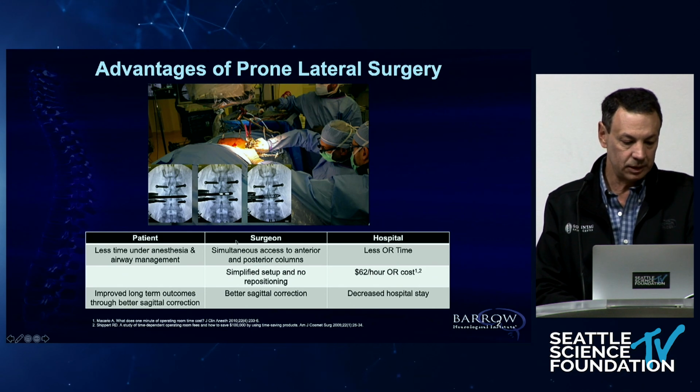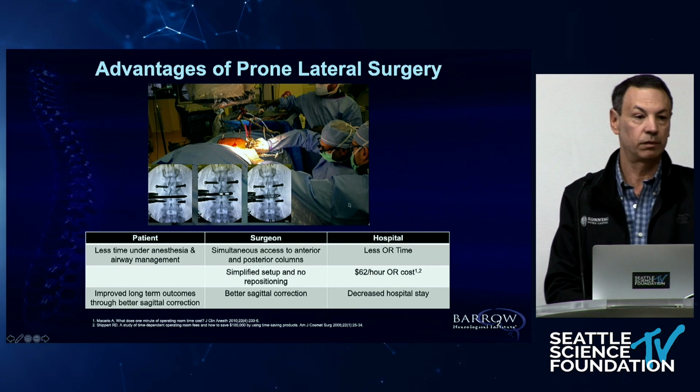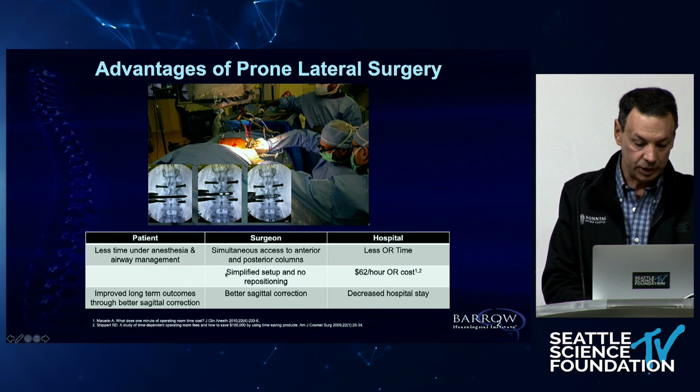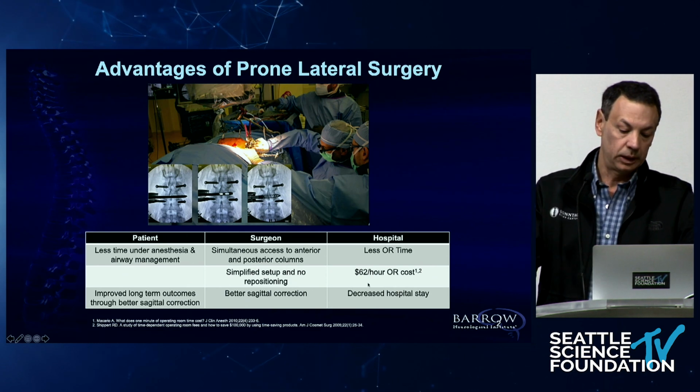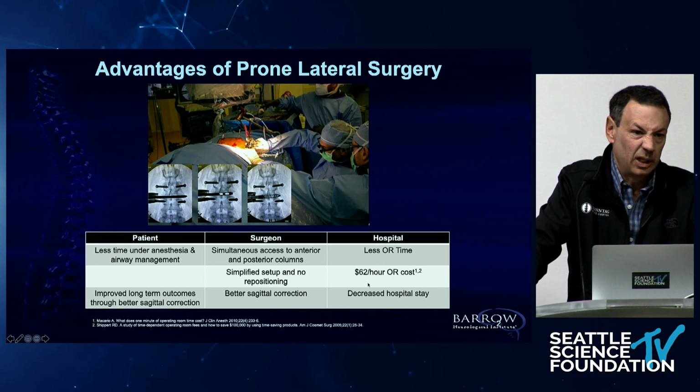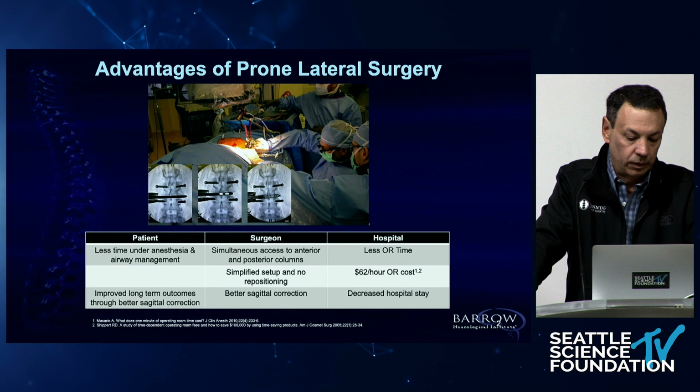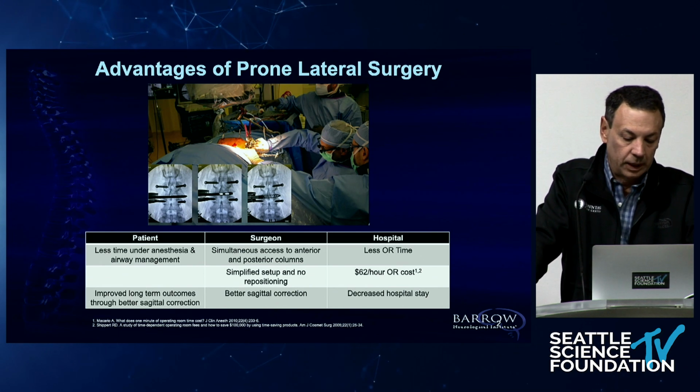So there are advantages for the patient, for the surgeon, and for the health system. I will call it that way. And as we know, for example, on average in America, the cost of OR time is around $62 a minute.